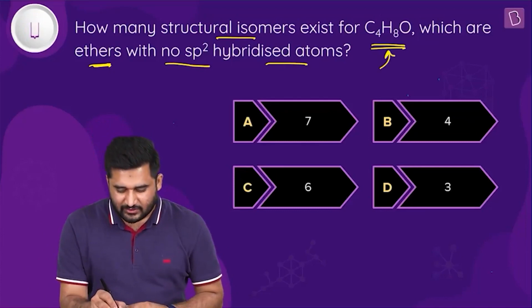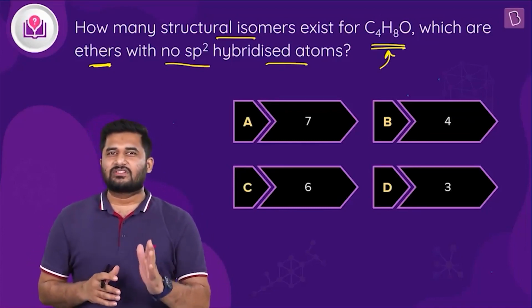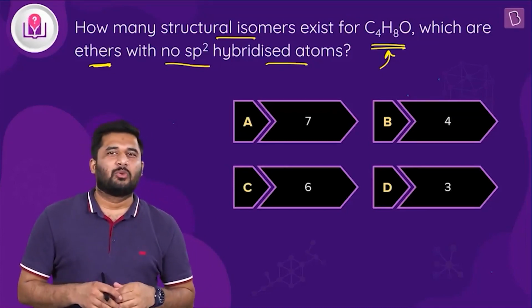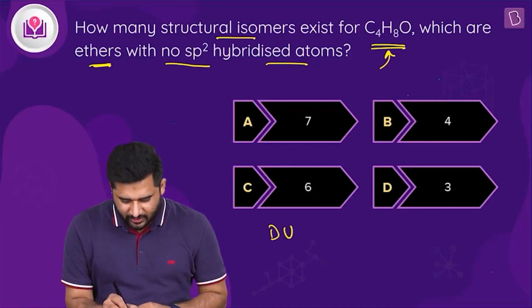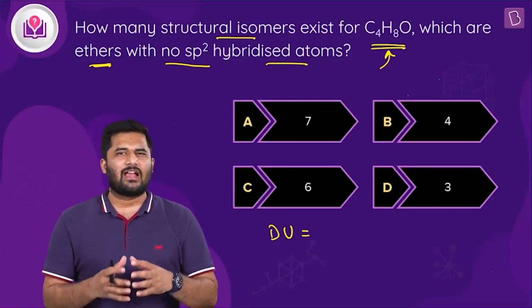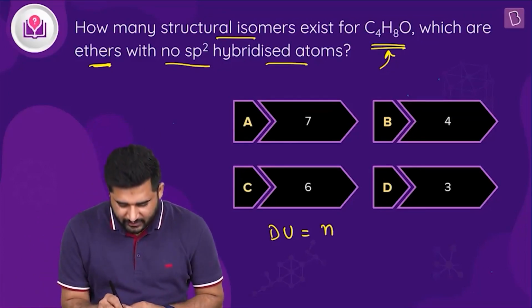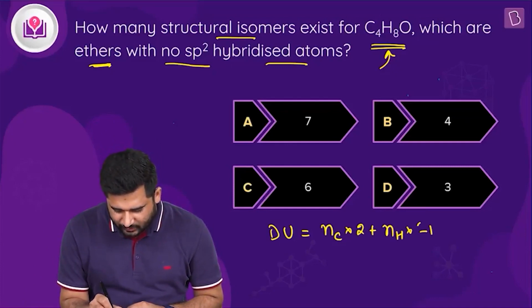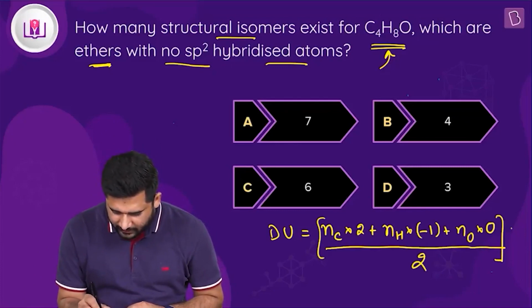So whenever you get the formula and you have to tell the number of structural isomers, the very first thing that you have to do is to find out the degree of unsaturation. Clear? So let me tell you, the degree of unsaturation for compounds containing carbon, hydrogen and oxygen is calculated using this formula: number of carbon atoms into 2, plus number of hydrogen atoms into -1, plus number of oxygen atoms into 0, divided by 2, plus 1.